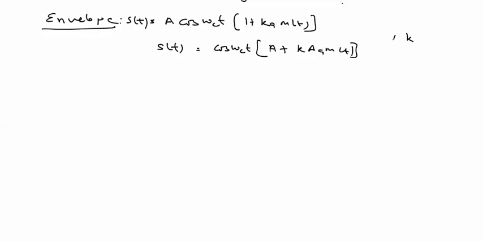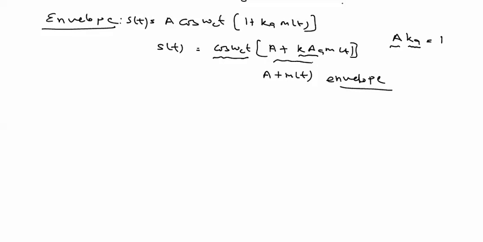We generally take A and Ka equal to 1, carrier amplitude and amplitude sensitivity of the modulator. A plus m(t) is known as the envelope. Any term multiplied with the carrier component after modulation is part of the envelope. The envelope should be greater than 0.